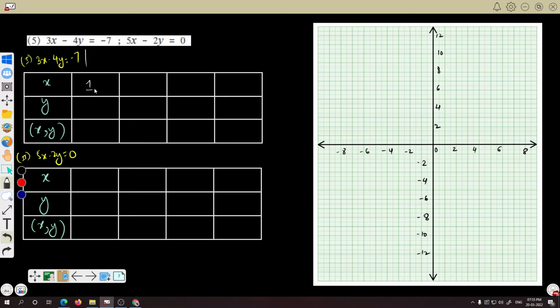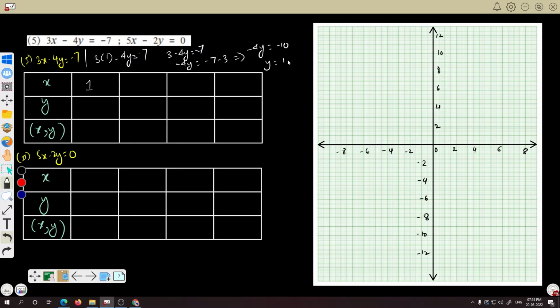If I take x as 1, the equation will be 3 into 1 minus 4y is equal to minus 7. So this will be 3 minus 4y is equal to minus 7. So minus 4y is equal to minus 7 minus 3, which means minus 4y is equal to minus 10.